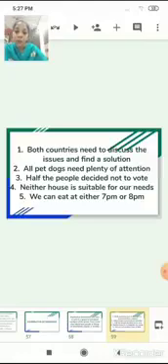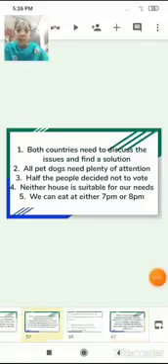All pet dogs need plenty of attention. Half the people decided not to vote. Neither house is suitable for our needs. We can eat at either 7 p.m. or 8 p.m. So students, distributive determiners refer to a group of people or individual members of the group.